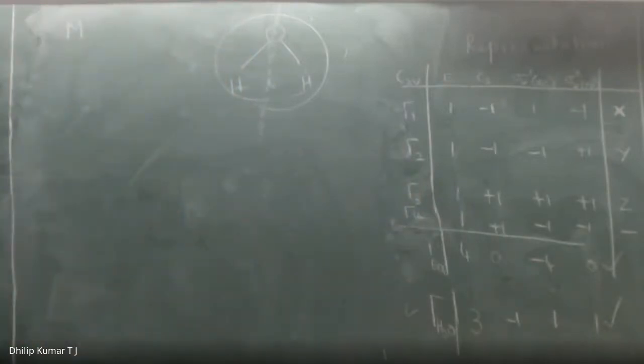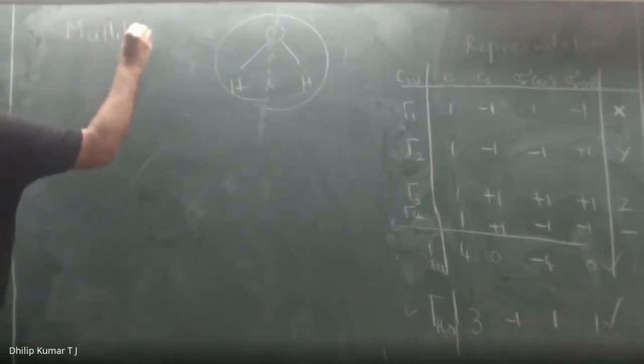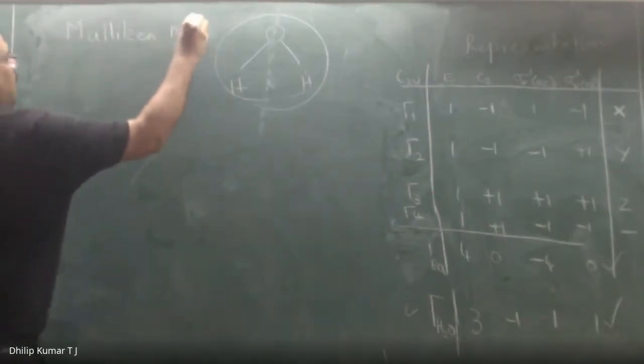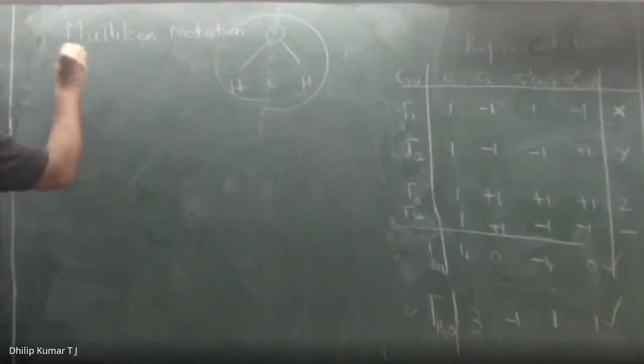Before that, I will introduce the Mulliken notation for representations.